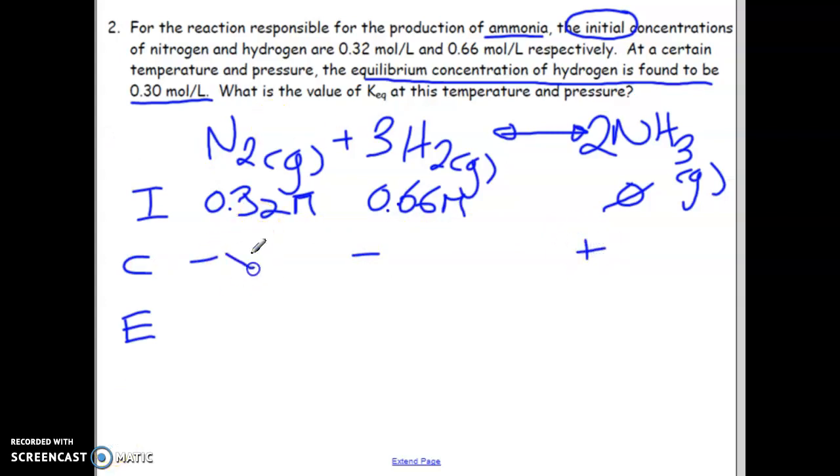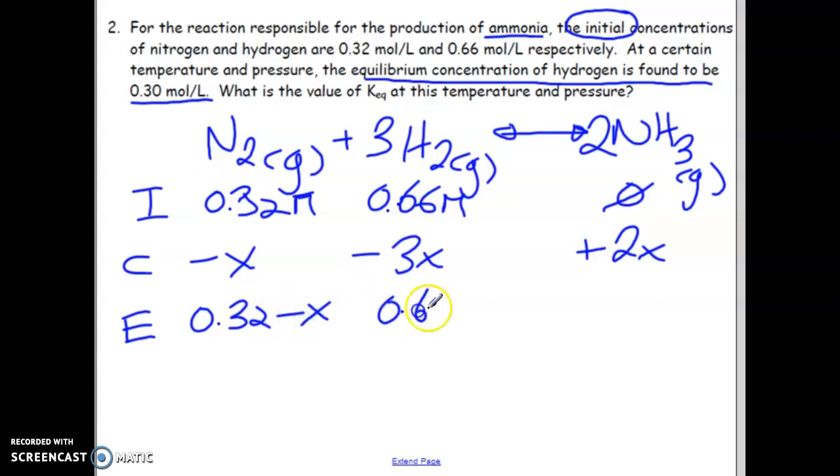So nitrogen is negative X because it has a coefficient of 1. Hydrogen is negative 3X because it has a coefficient of 3, and we're going to have positive 2X down here. Our equilibrium is our initial plus our change: 0.32 minus X, 0.66 minus 3X, and then of course just 2X.